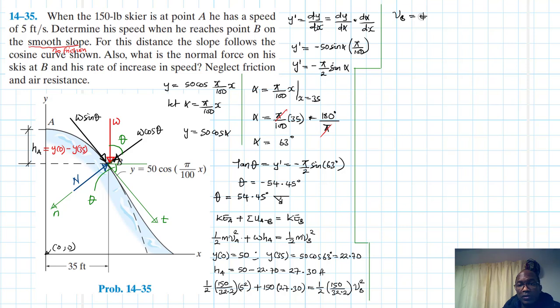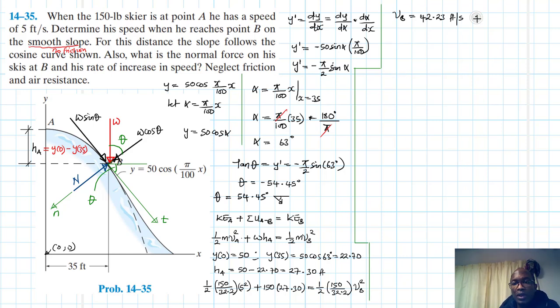Of course, this gives us 42.23 feet per second. Yeah, so that's our VB.